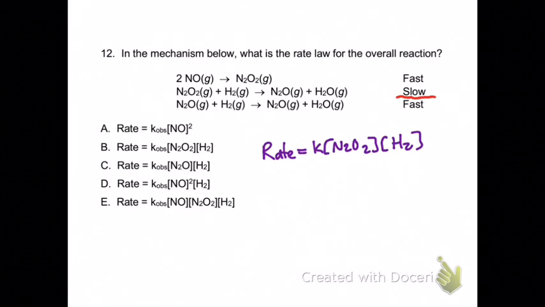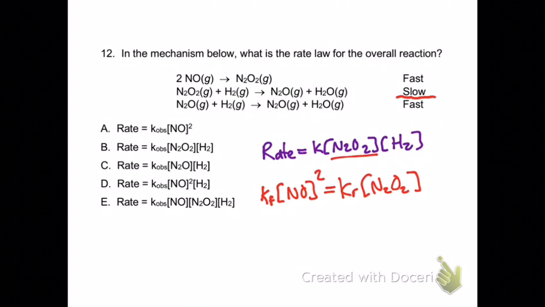And at equilibrium, the forward rate, so I'm going to call this KF for the forward rate, would be NO squared based off of this. It's going to be equal to the reverse rate, which would be KR times N2O2. So our goal is to solve for N2O2 so we can mathematically replace it in the equation.